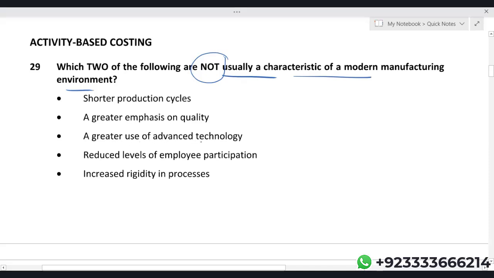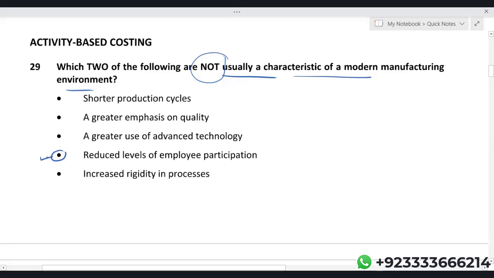Greater use of advanced technology. Obviously, if we are not using technology nowadays, when are we going to use it? So the first three are characteristics of a modern manufacturing environment. Now, reduced level of employee participation. This is not a characteristic of a modern manufacturing environment.